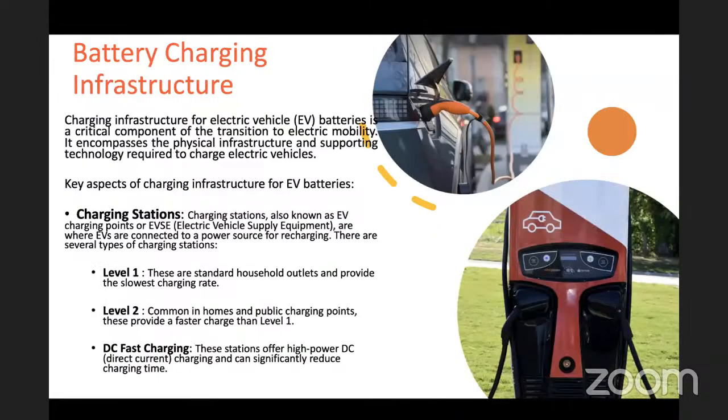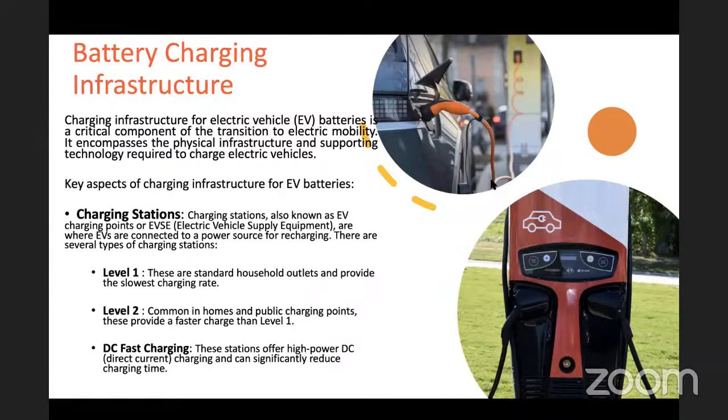Then comes the battery charging infrastructure. Now we have been seeing charging points at highways and arterial roads as well. The number of charging points has increased to cater to the increasing population of electric vehicles. The level 1 charging stations are for household outlets, for charging two-wheelers and three-wheelers, or sometimes four-wheelers also, at the lowest charging rate.